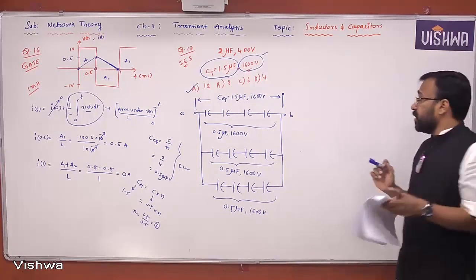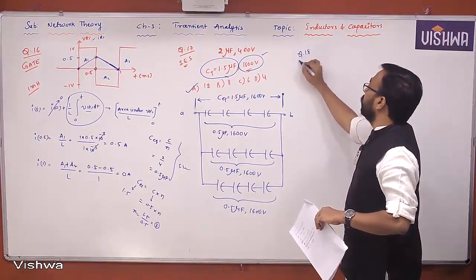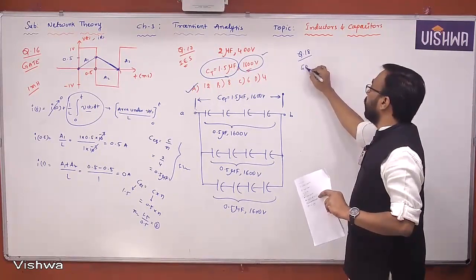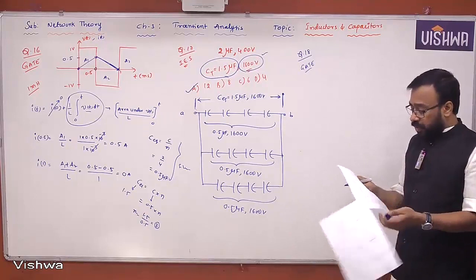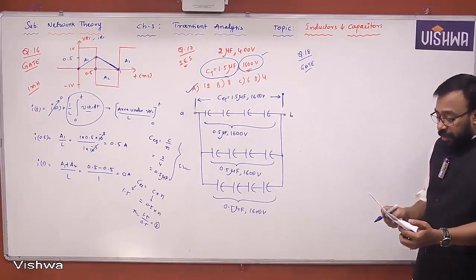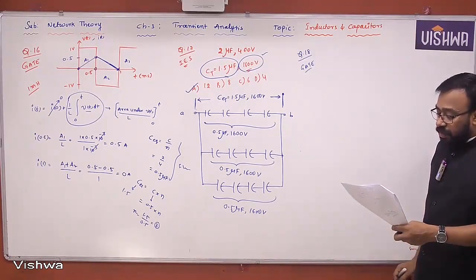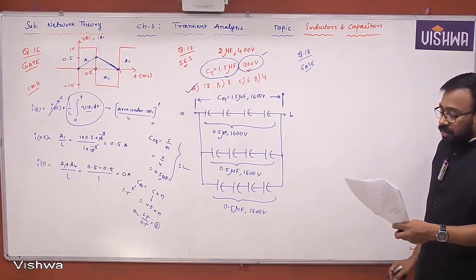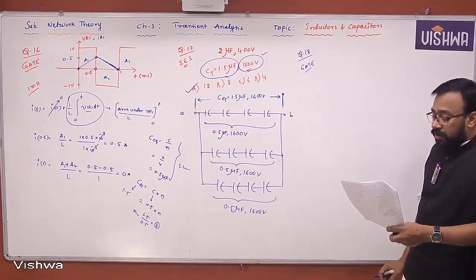There's another interesting question. Question number 18. It was asked in GATE. A very interesting question it is. Read that question, all of you. Three capacitors C1, C2, C3, whose values are 10 microfarad, 5 microfarad and 2 microfarad respectively, have breakdown voltages of 10 volts, 5 volts and 2 volts respectively.